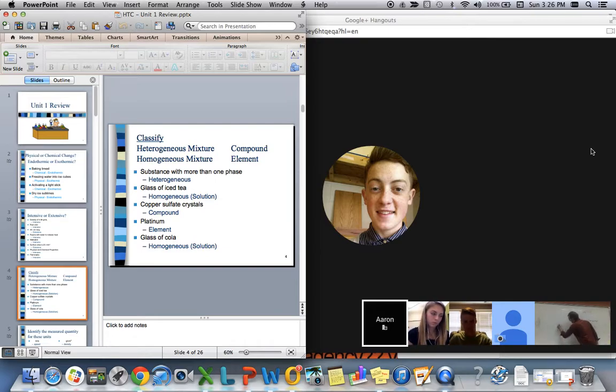It would look something like this. So, there's 2 aluminums, 3 carbons, 9 oxygens. You don't have to be able to do that, I'm just showing you. So, could I ask how many total atoms are in here?